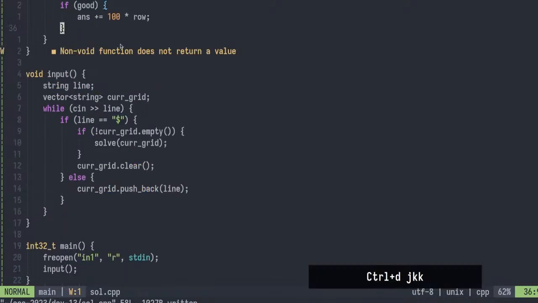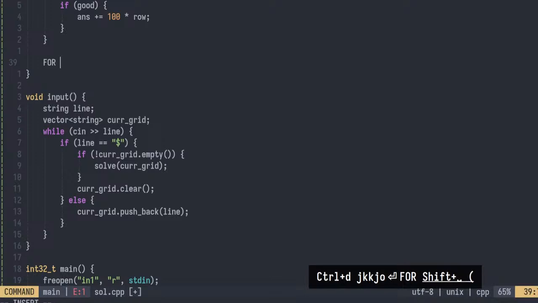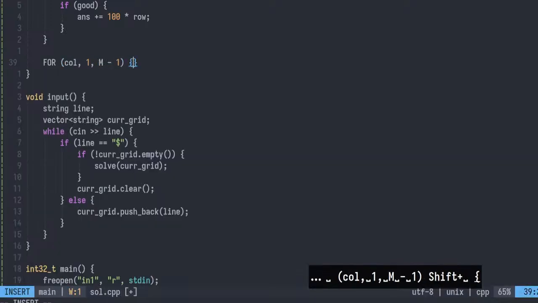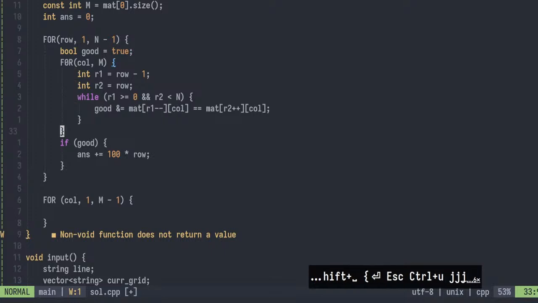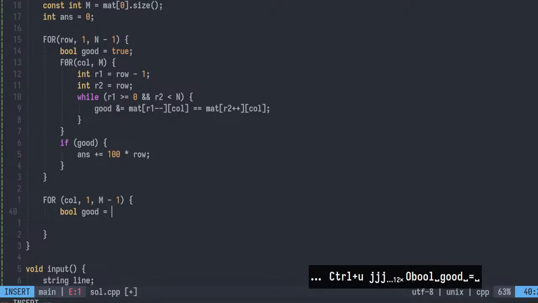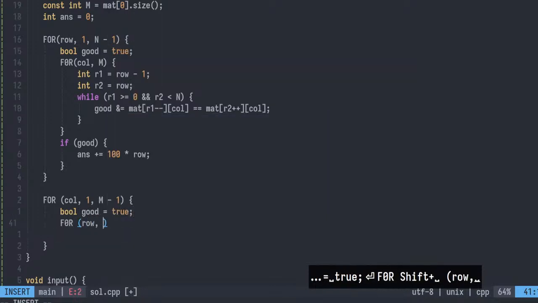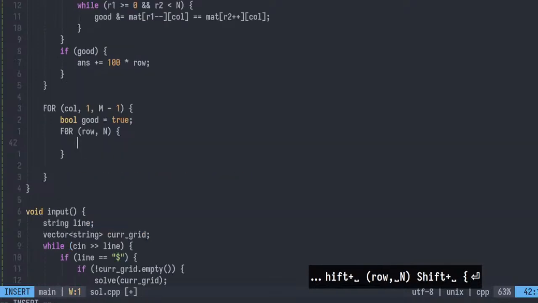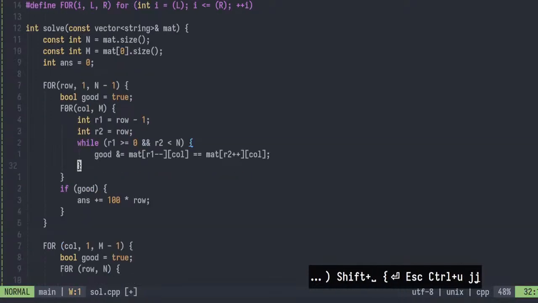Perfect. So let's do it for columns from 1 to m minus 1. I am writing this once again, not copy pasting from the other, so that I am sure that I'm not messing up the variable names anywhere.